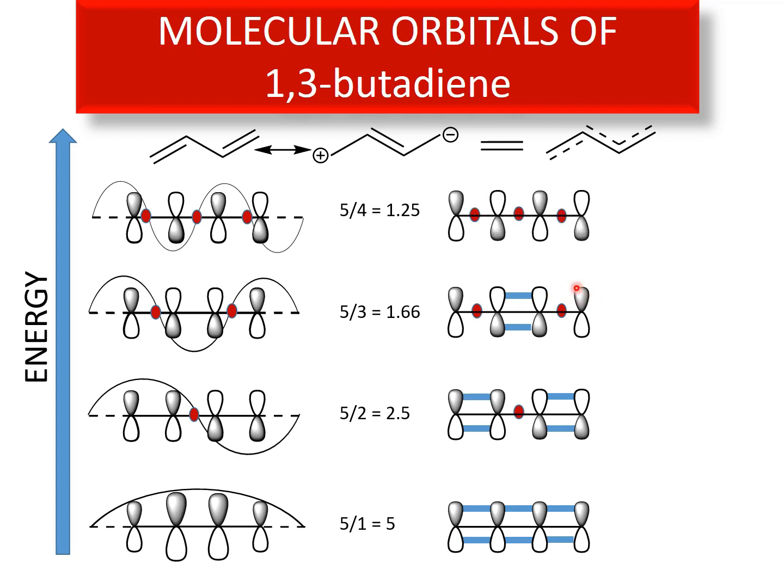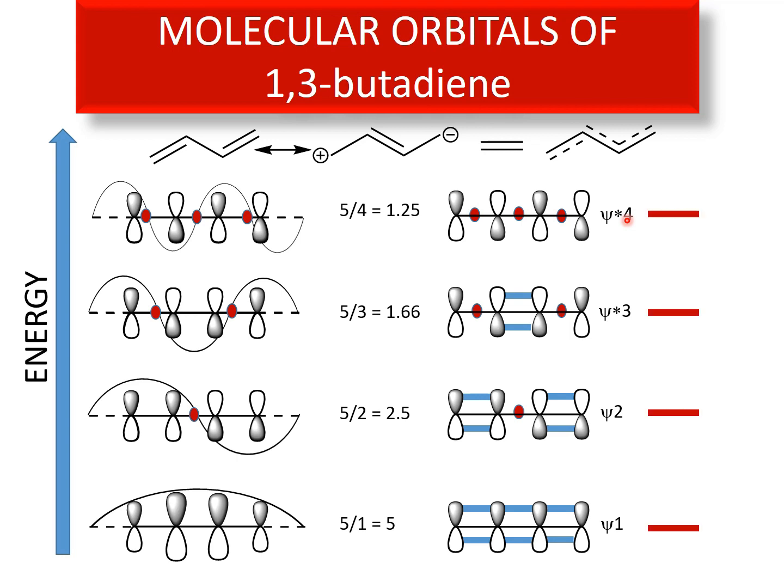Finally we have this, in which there are 3 nodes, and so the wave functions are opposite for all the orbitals. So this is how you can draw the molecular orbitals of 1,3-butadiene. And because we can have 4 molecular orbitals, the first two, the psi1 and the psi2, are the bonding molecular orbitals, and psi3 and psi4 are the anti-bonding molecular orbitals.